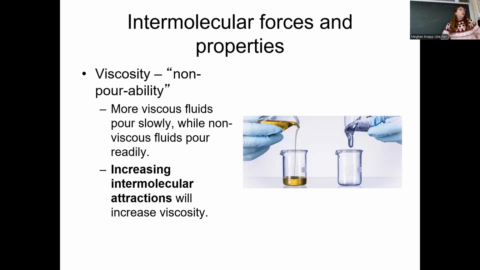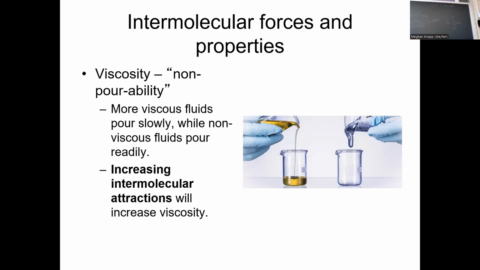All right, so here's a little more on viscosity, which I sometimes call non-pourability by definition. If it's more viscous, it's going to pour slowly. So this is probably something like corn syrup, very difficult to flow. Or you might think of silly putty, which doesn't really keep its shape.